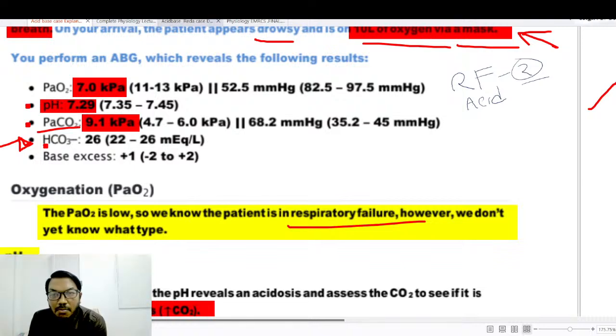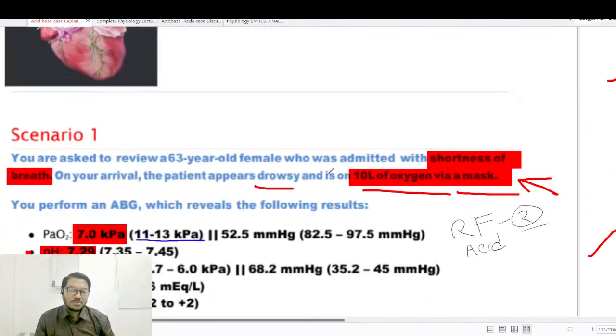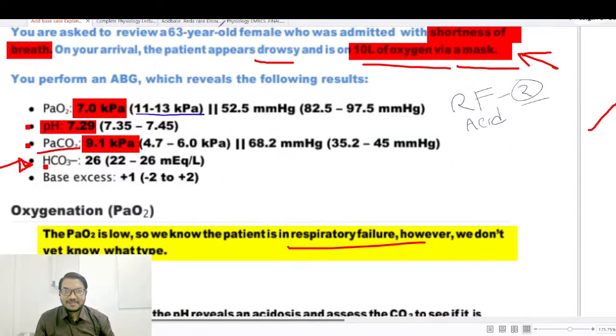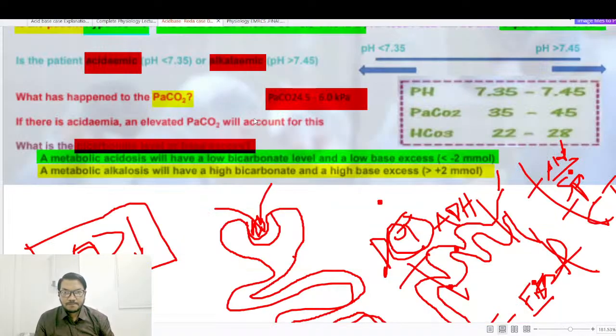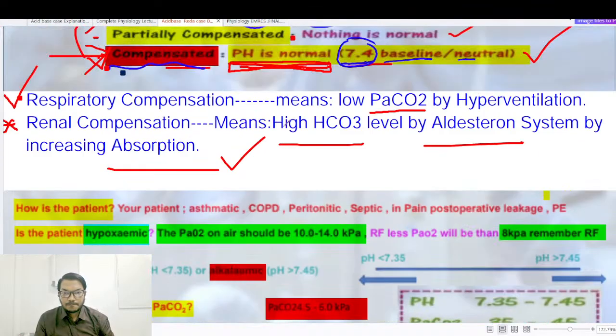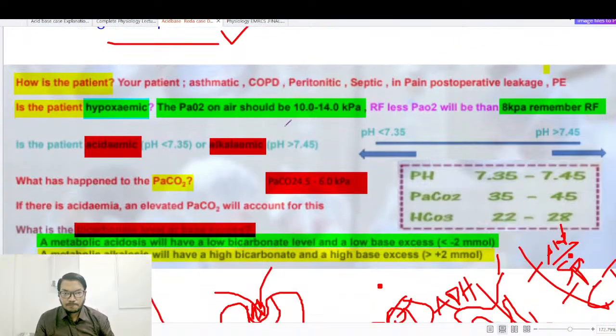Partial pressure of oxygen, 7 kilopascal. Normally it is 10 to 14.